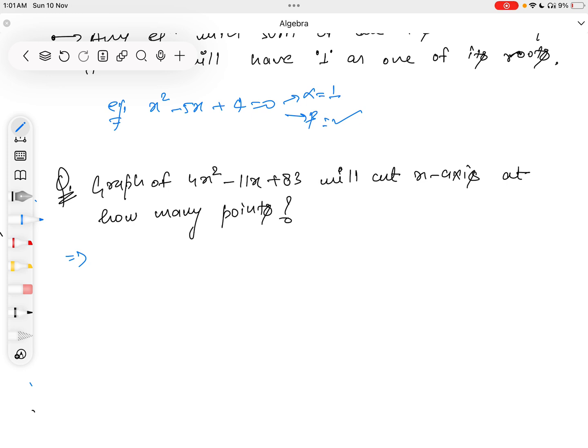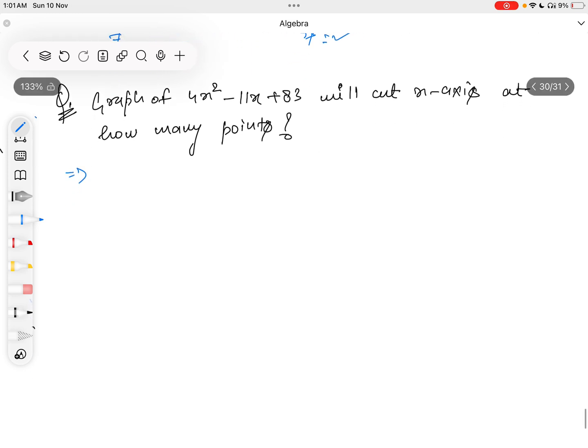I told you, if you remember, in quadratic equations, that if you draw the graph of a quadratic equation, that is a parabola, then in that case, if D is equal to 0, it has two real and equal roots. That is, it touches the x-axis at one point.